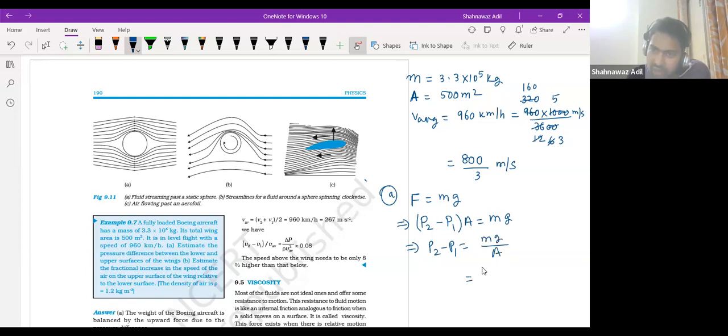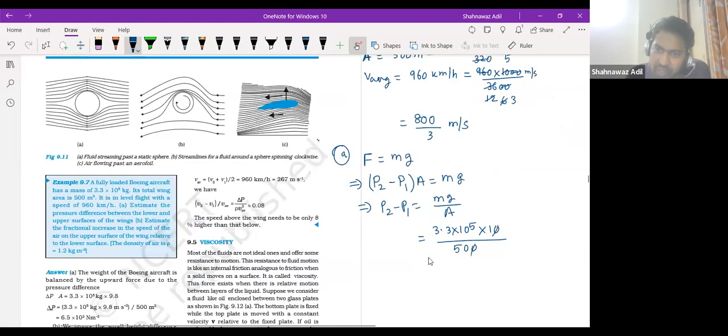So m is given 3.3 into 10 to the power 5, g is 10, and area is 500 meters square, right? So this would be how much? Let us take 3.3, let us take 100 from here.